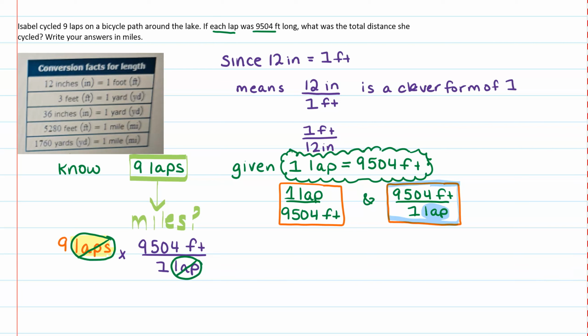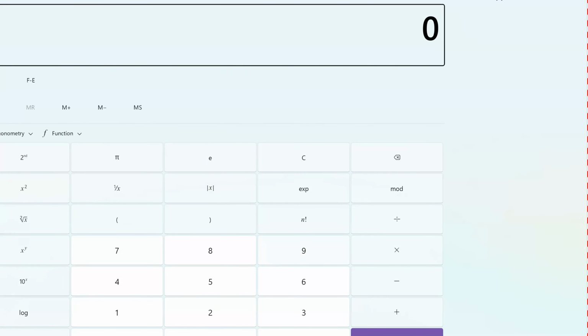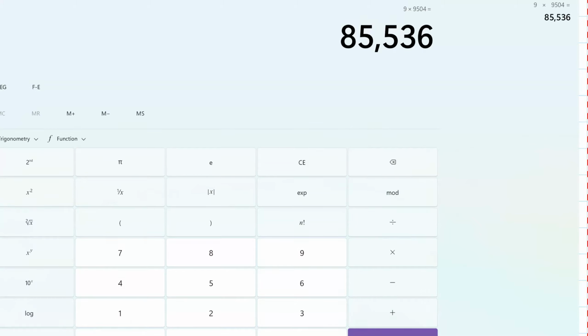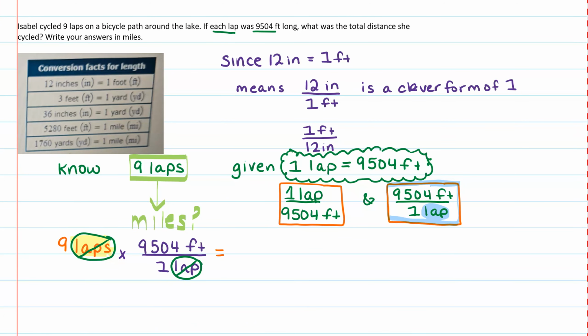If I wanted to know how many feet she traveled, I would have to multiply 9 times 9,504 feet. So let's get a little calculator on here. 9 times 9,504 feet is 85,536. So this is equal to 85,536, and the unit is feet.